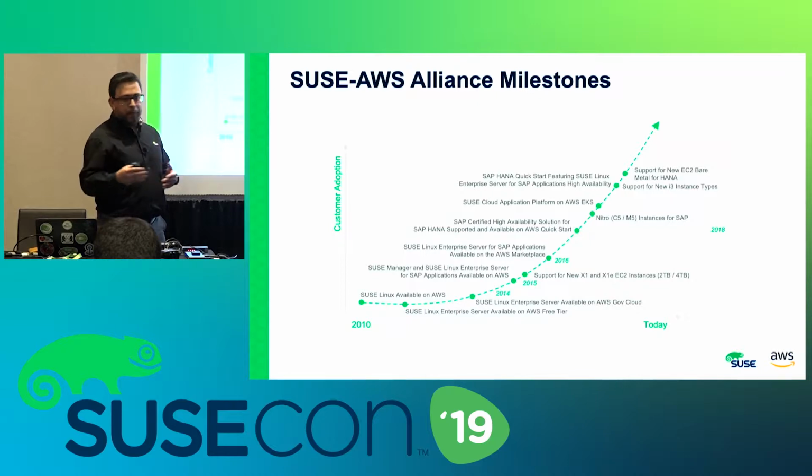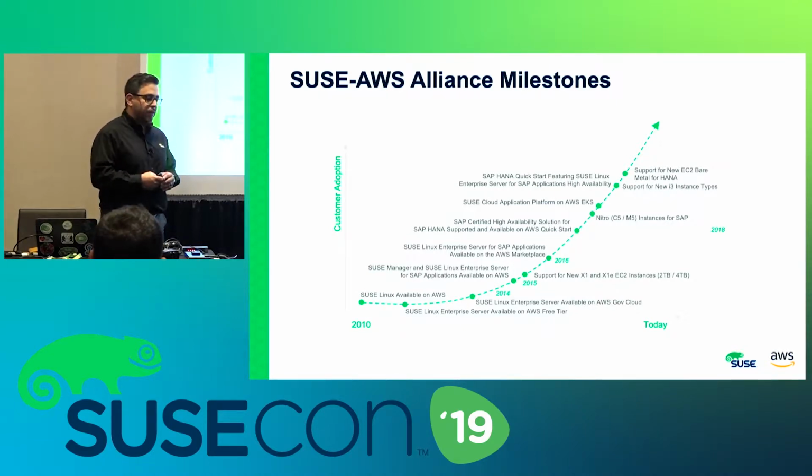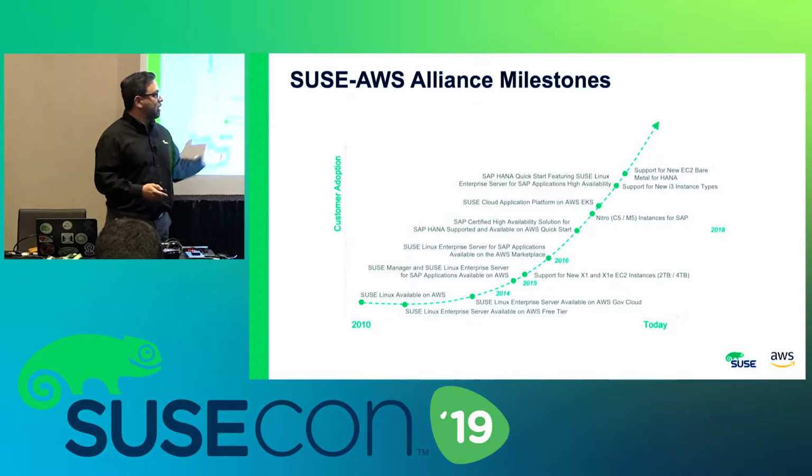So these are approved best practice deployments, and we have that within the SAP environment. We also have a SUSE Cloud Application Platform that is available on AWS EKS. And that's all done this past 2018.